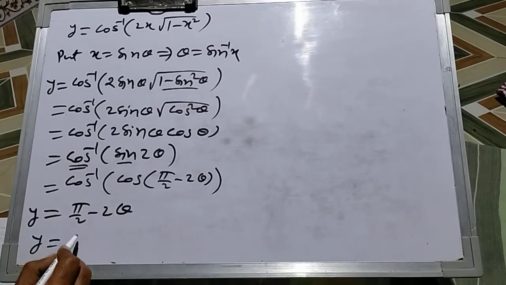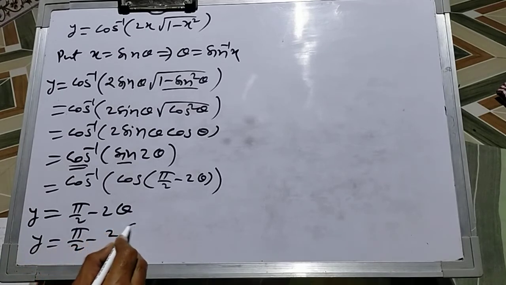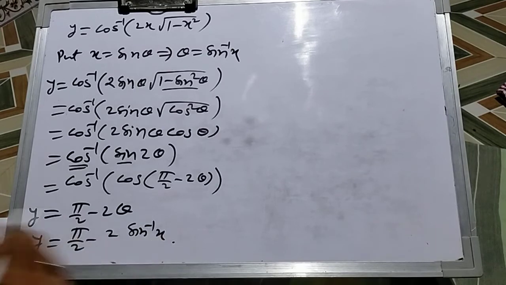So y is equal to pi by 2 minus 2 theta, and theta means sin inverse of x. Differentiate with respect to x.